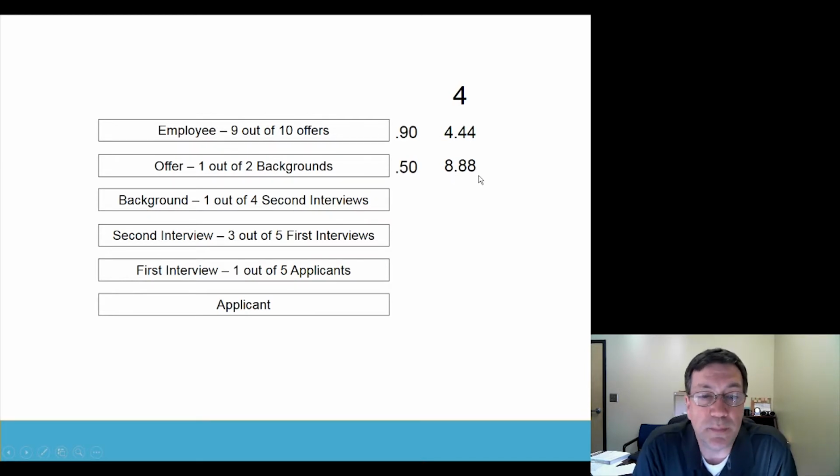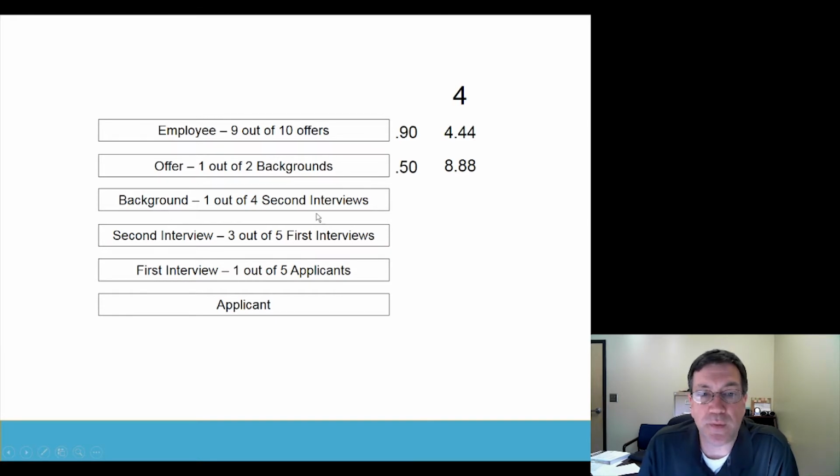Now, we know, based on our relationships, that if we have 8.88 people at this point in the process, we will end up with 4, because those relationships have been established and they hold pretty true.